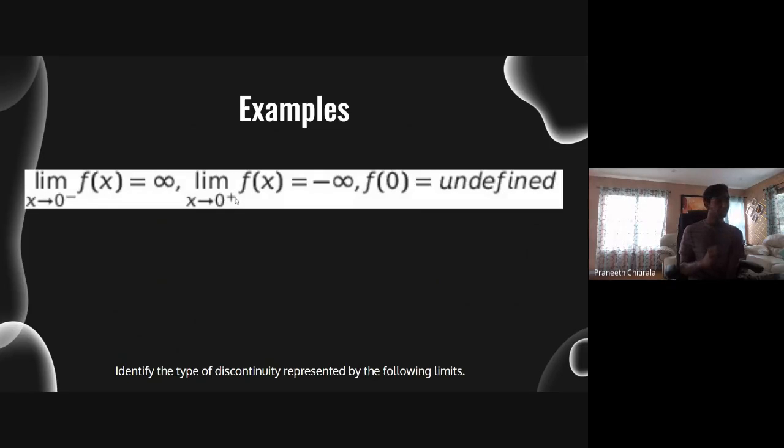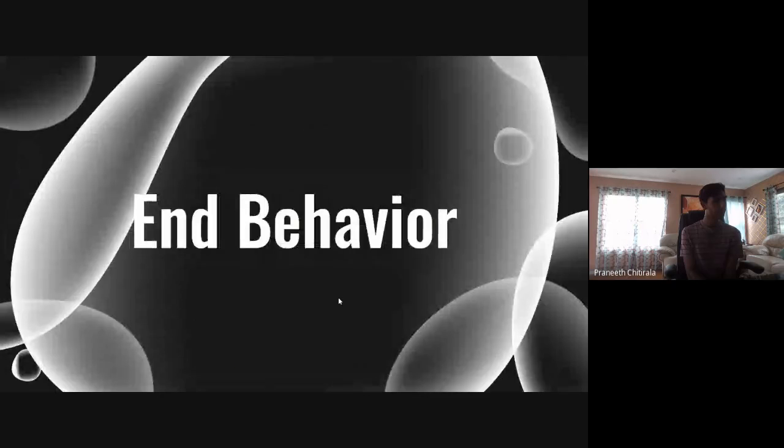By the definition of an infinite discontinuity, either the left side or the right side has to approach infinity, meaning that this is an infinite discontinuity. Just the limit approaching infinity makes it an infinite discontinuity.